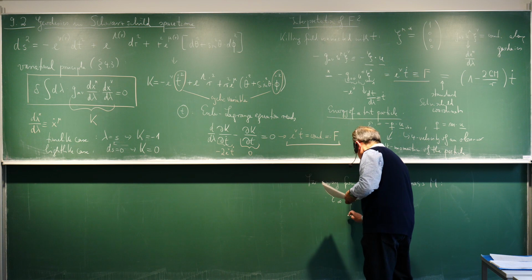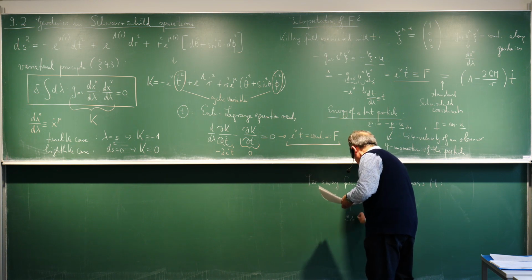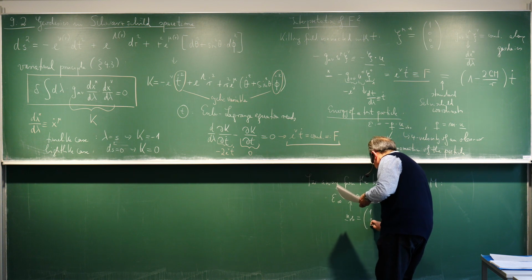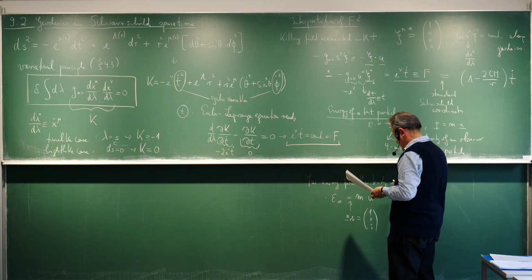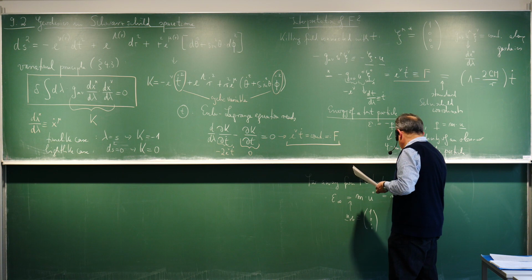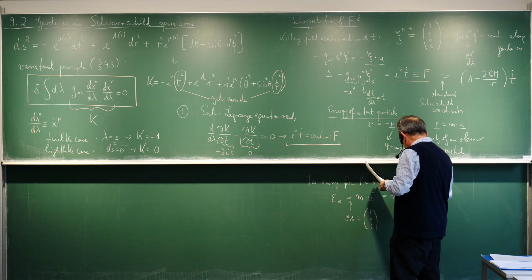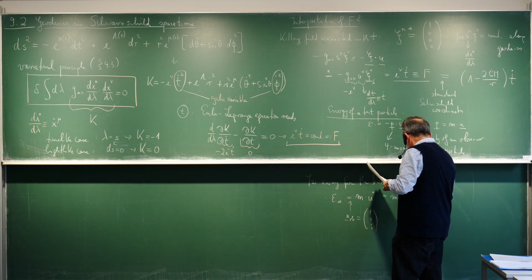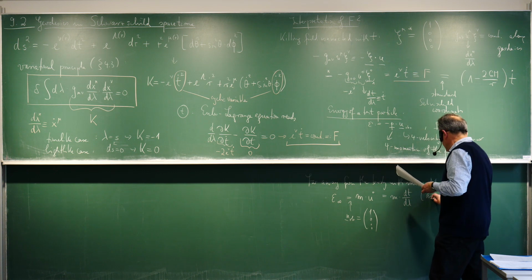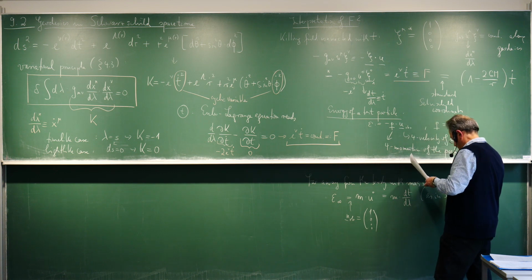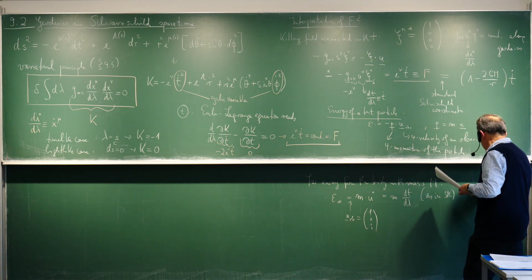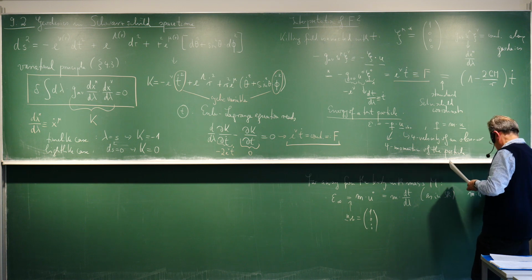I add u observer, just 1, 0, 0, 0, and this is m times dt over d lambda. So as in special relativity, m times u0 is of course p0 infinity, and we call this epsilon infinity.